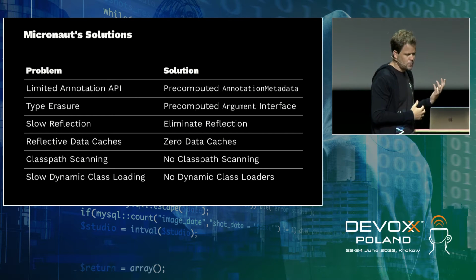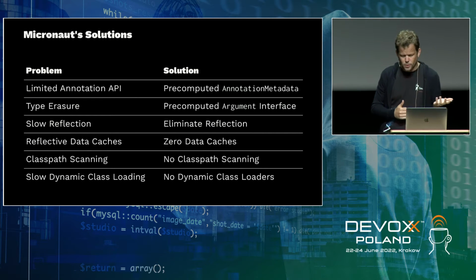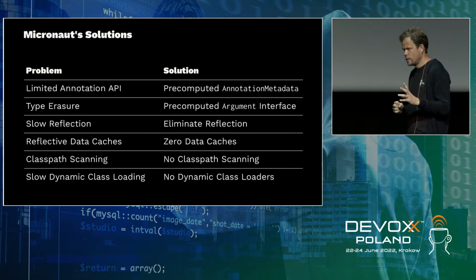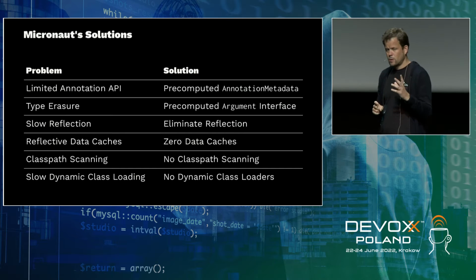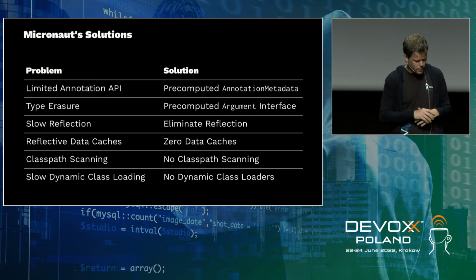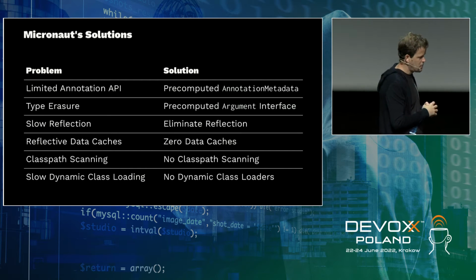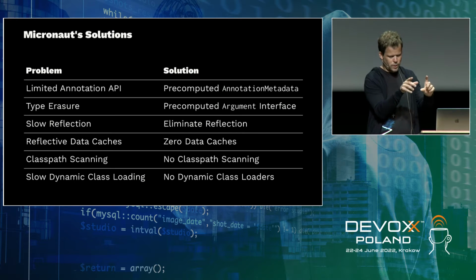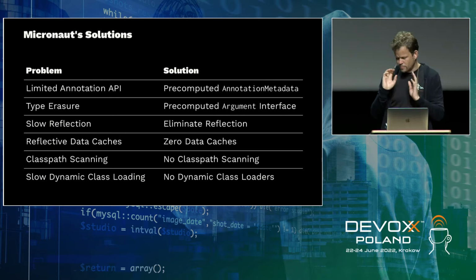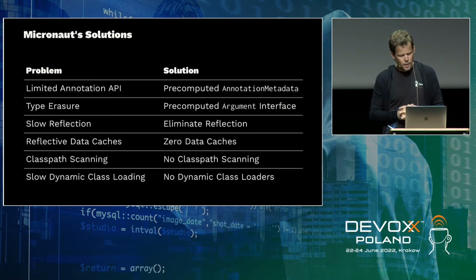And we also pre-compute all the generic information. So in a lot of cases, type erasure issues are easy, and we don't have complex computation to recompute what the generic signature of a particular type is, because that's all computed at build time. Because we know it's a list of string because we can see it in the source because we're processing that. So we just put it in there and it gets used.